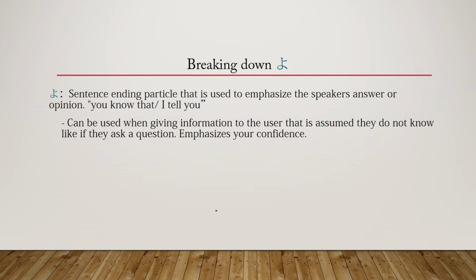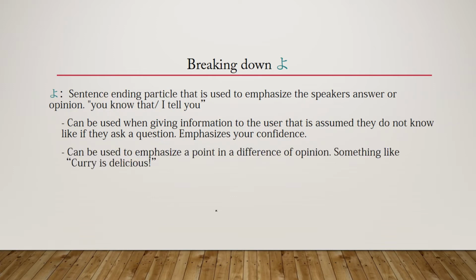That's when you'd use the yo particle, because you're confident in your answer and you're giving that person a piece of information that they don't know, because they just asked if there is a movie theater nearby. Then you would use the yo particle to say, yes, there is a movie theater nearby, yo, at the end of the sentence, really emphasizing your confidence in that answer.